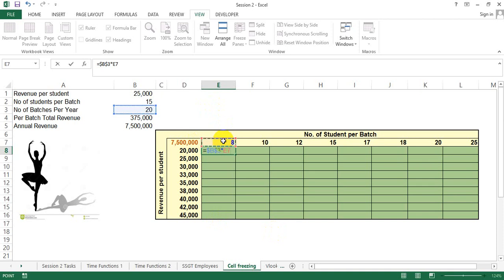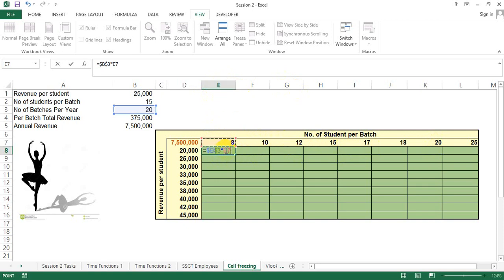Now when we move and copy the formula vertically down, we want this row 7 to be frozen. However, when we move and copy the formula in the rows, we want E to move to F to G because the number of students in each case is changing.